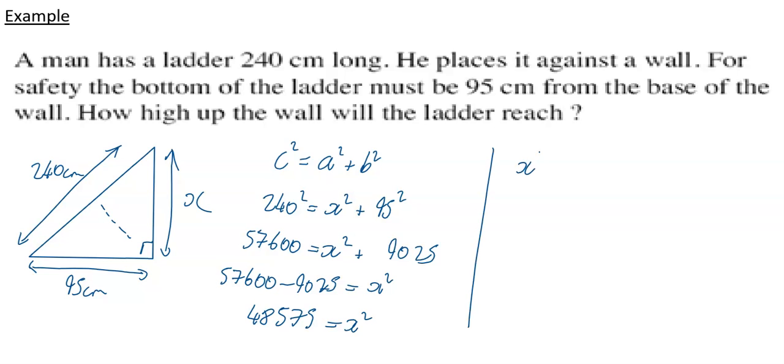And then just finish this off, write your x squared first. X squared is equal to 48575, which means x itself is the square root of 48575, and it doesn't work out quite nicely.